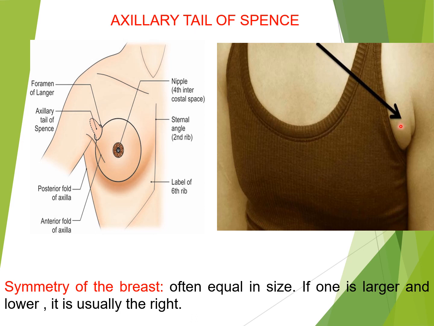This axillary tail of Spence enters the axilla through an opening. You can see here, this is an opening. This opening is known as the foramen of Langer. It is present in the axillary fascia. So through this foramen, the axillary tail of Spence enters the axilla.